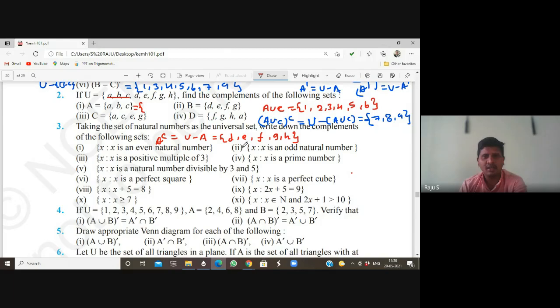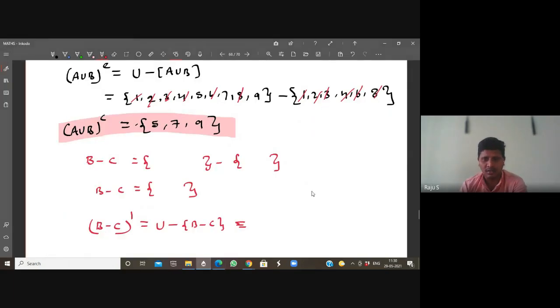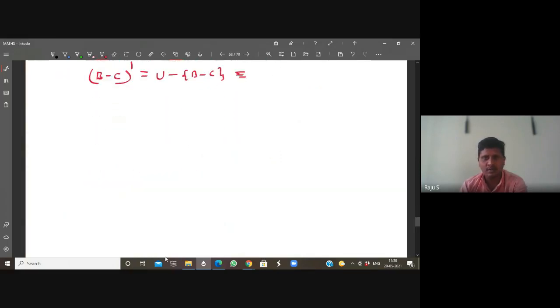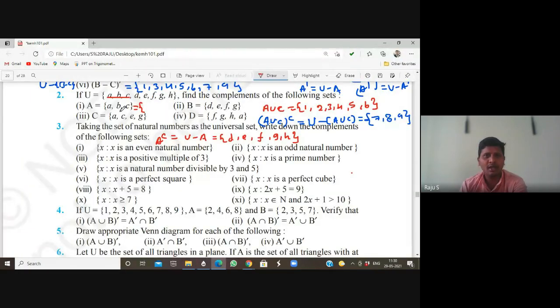If it is clear to everyone, okay, otherwise I'll write the steps clearly here. A complement means other than A elements, which belong to the universal set. A, B, C is given in A. A complement is other than A, B, C, remaining all the elements D, E, F, G, H. Right. What about B complement?